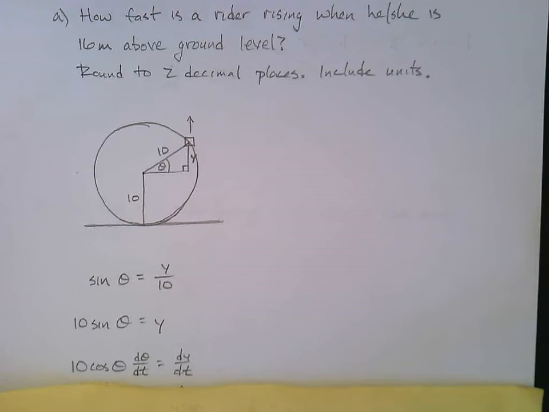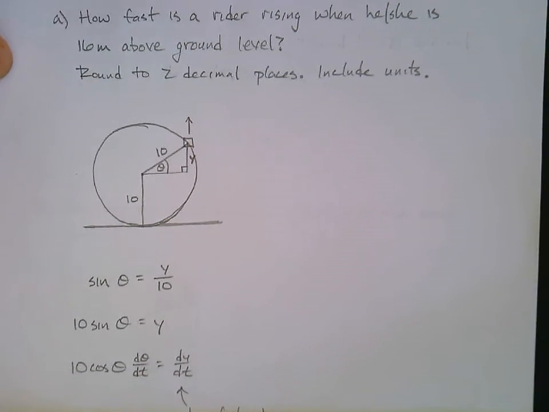Now, once we have the derivative of both sides, we need to go back and read the question again and make sure that we are looking at which rate they are asking about. Well, it says how fast is the rider rising when he or she is 16 meters above ground level. So it's the dy over dt, and you can probably see my little arrow down there.